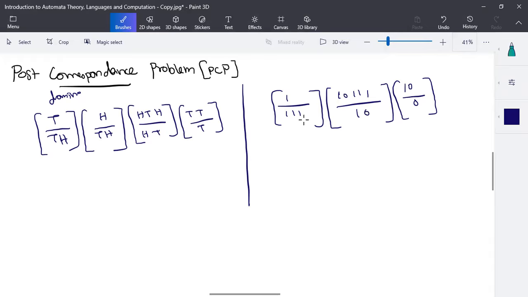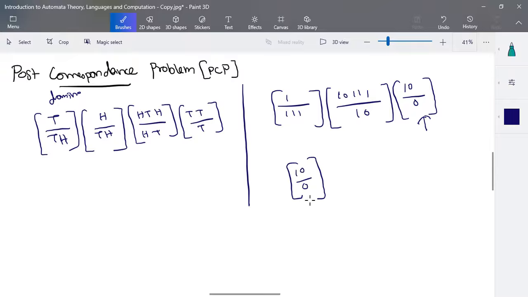Okay, so in case I start with the last domino, if my starting input is 1, 0, 0, I cannot start with it, right? See, when I combine this numerator, it is 1, 0. In the denominator, it starts with 0. As per our solution, the numerator and denominator have to match. So we cannot start with this domino.